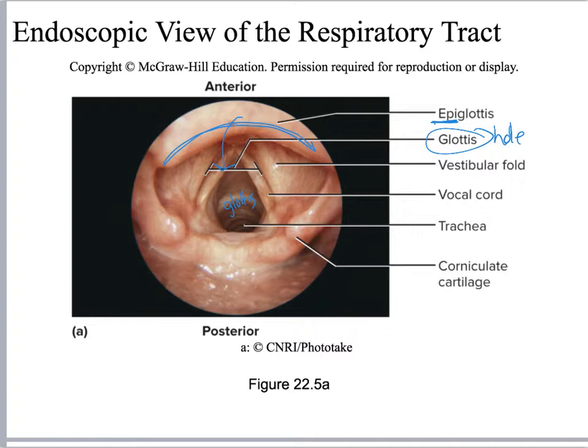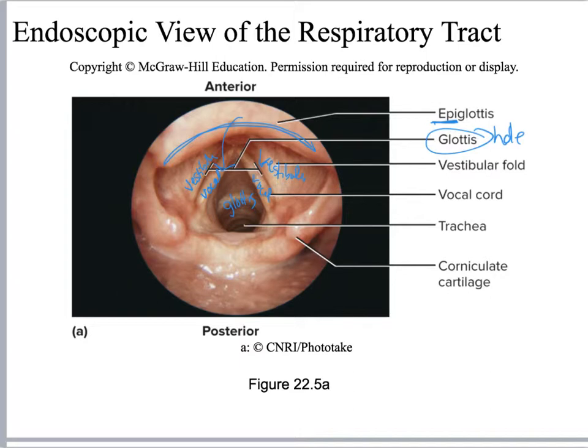Now here you can see the vocal folds very nicely, and then this is the vestibular. Okay, so in humans we don't move our vestibular one, we only move our vocal one. And I want you to visualize this and commit to memory. The vestibular is a shelf on top of the vocal.